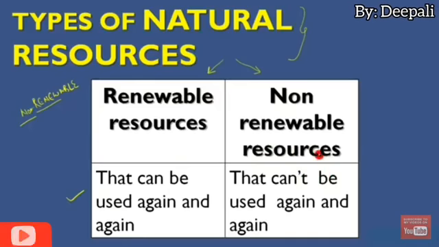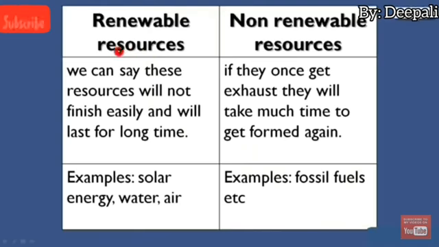And the non-renewable resources cannot be used again and again. Renewable resources will not finish easily and will go for a long period of use, whereas non-renewable resources, once exhausted, will take a lot of time to reform.